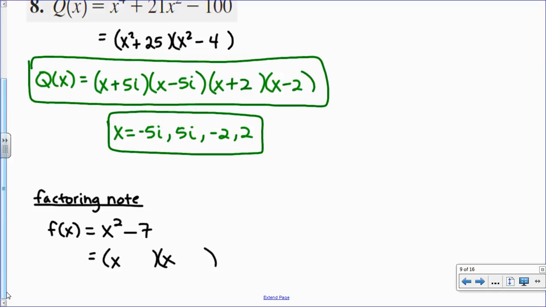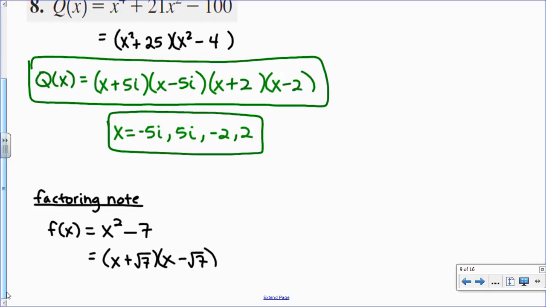You just get an irrational number. So, like up here, 2 is the square root of 4. So you have square root of 4, but that simplifies to be 2. 7, that square root doesn't simplify, so you just have plus square root of 7 minus square root of 7.